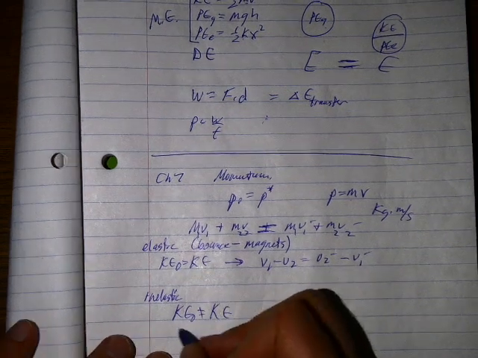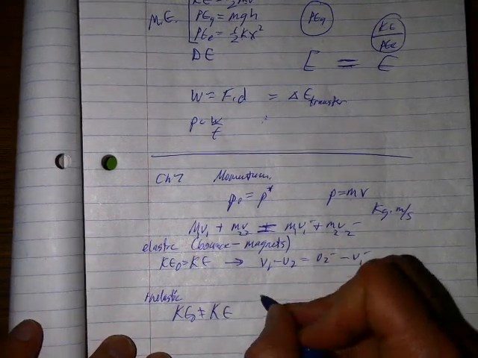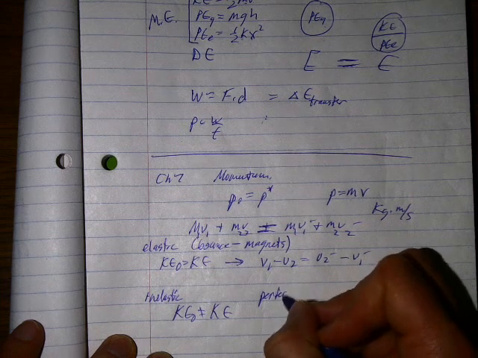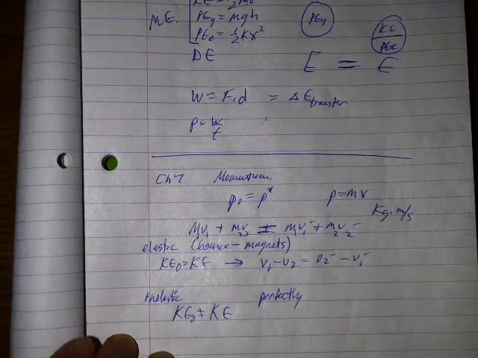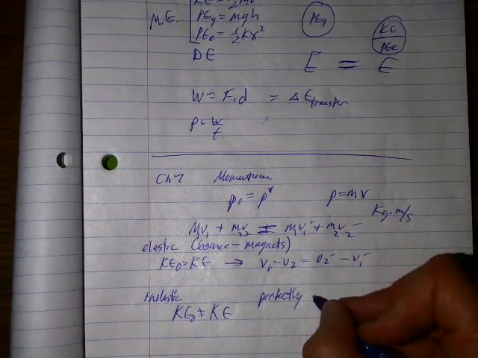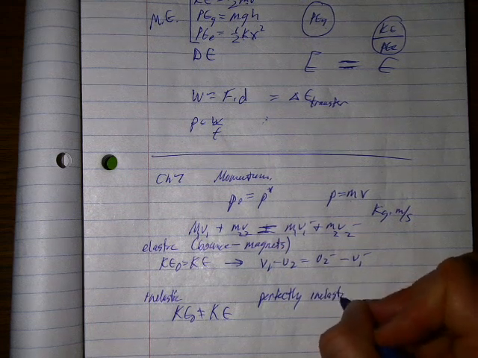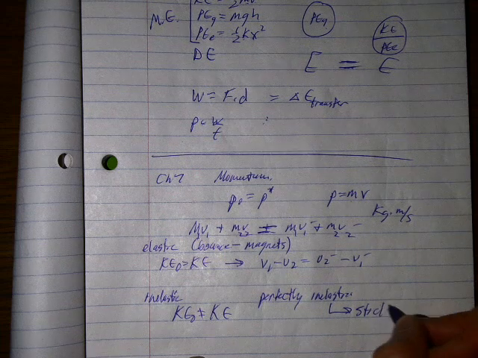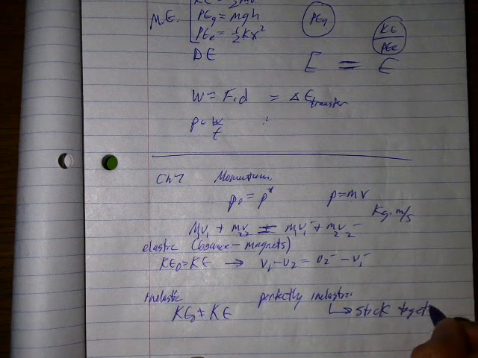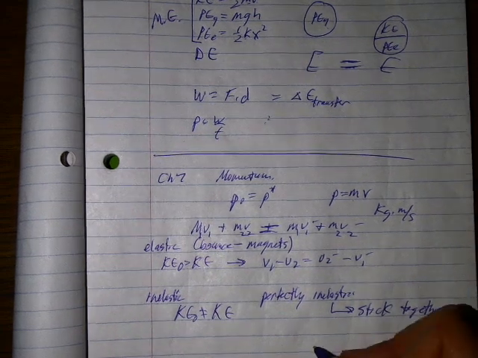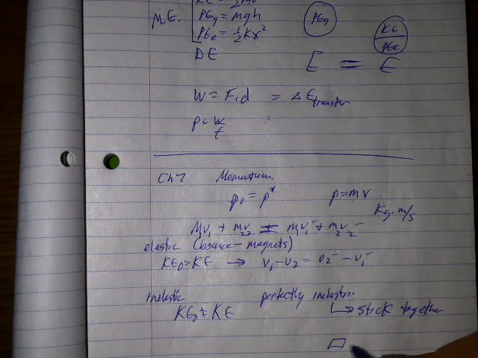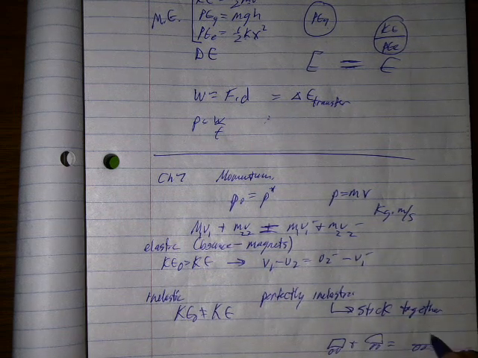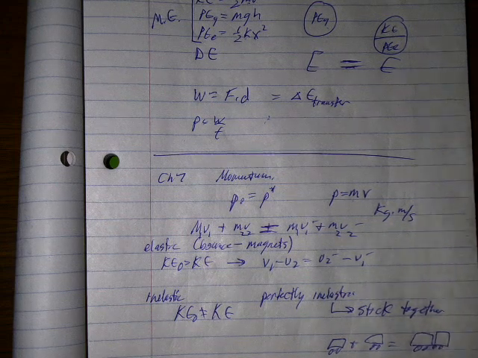The extreme case of this is called perfectly or completely or totally inelastic, or whatever adverb you want to throw in there to modify inelastic. If it's perfectly inelastic, then they stick together and move as one, which is typically the kind of problem we would solve. Right? This guy plus this guy, and then they stick together.